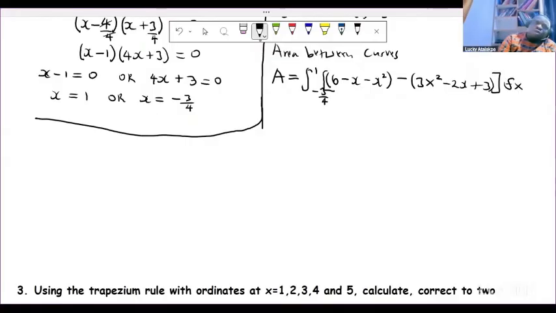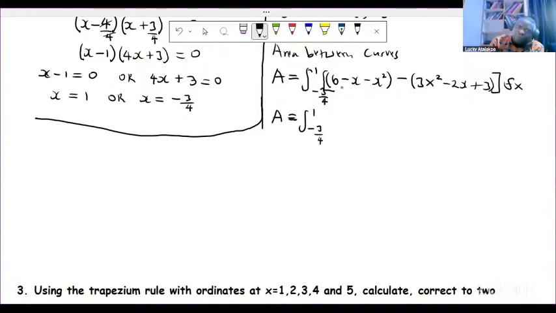It will be enough. Let's simplify this first, with limits 1 and negative 3/4.